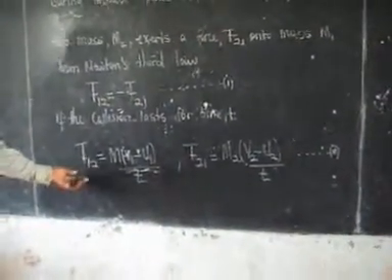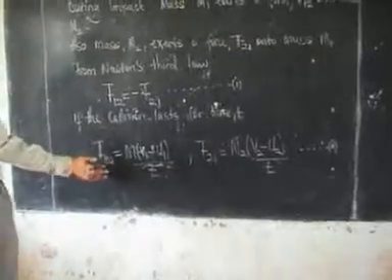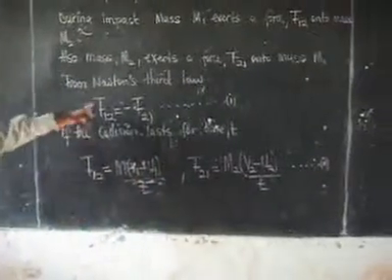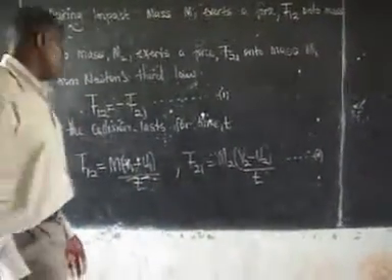Now I'm going to substitute the values of F12 and F21 in equation 1.